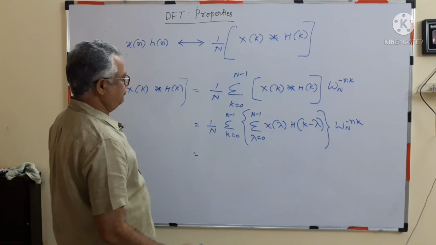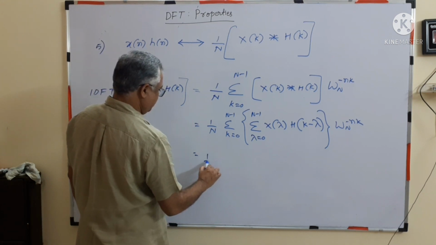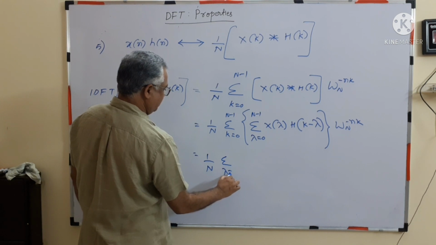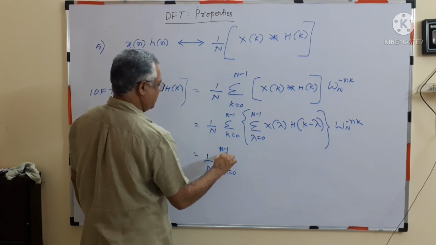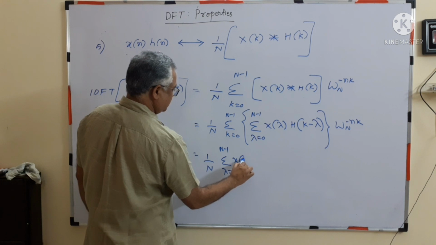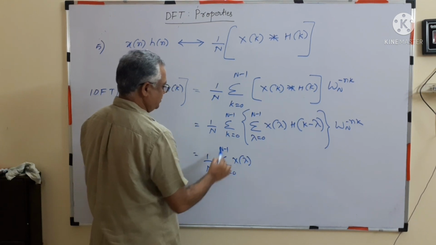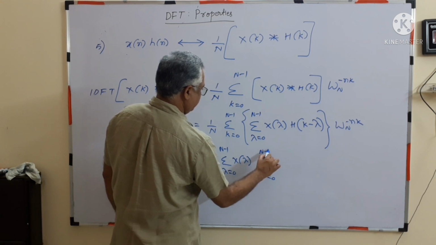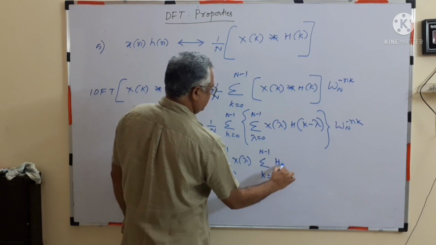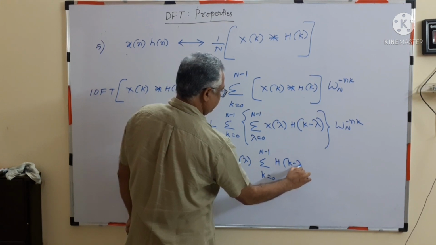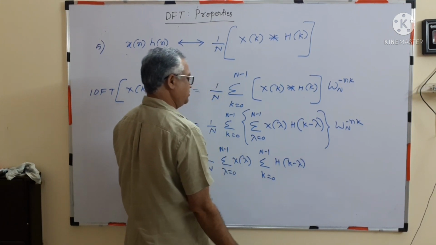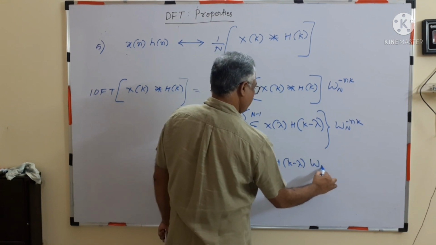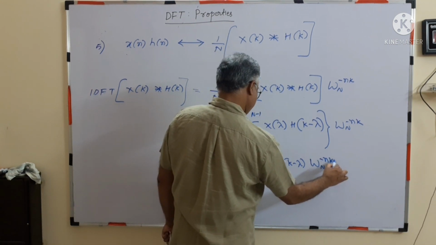Now change the order of summation. Sigma lambda equal to 0 to N minus 1, X of lambda, then sigma k equal to 0 to N minus 1, H of k minus lambda, W_N^(-nk).